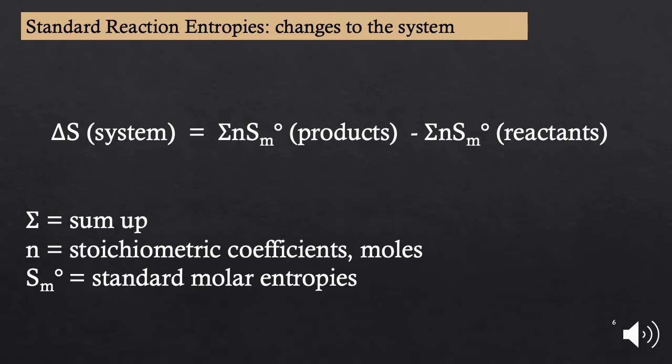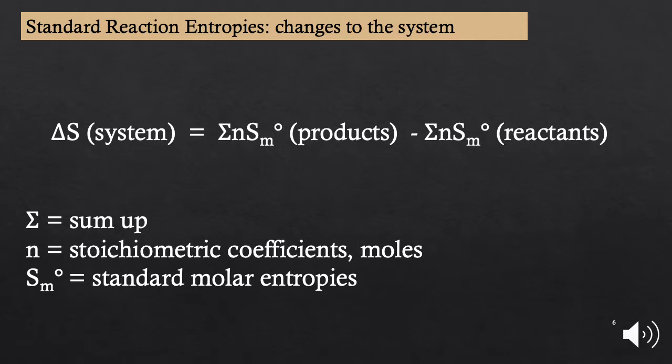Entropy is a state function. State functions are quantities whose value does not depend on the method of measurement. What that ends up meaning is that we can use the standard molar entropies to calculate the change in entropy of a chemical reaction.